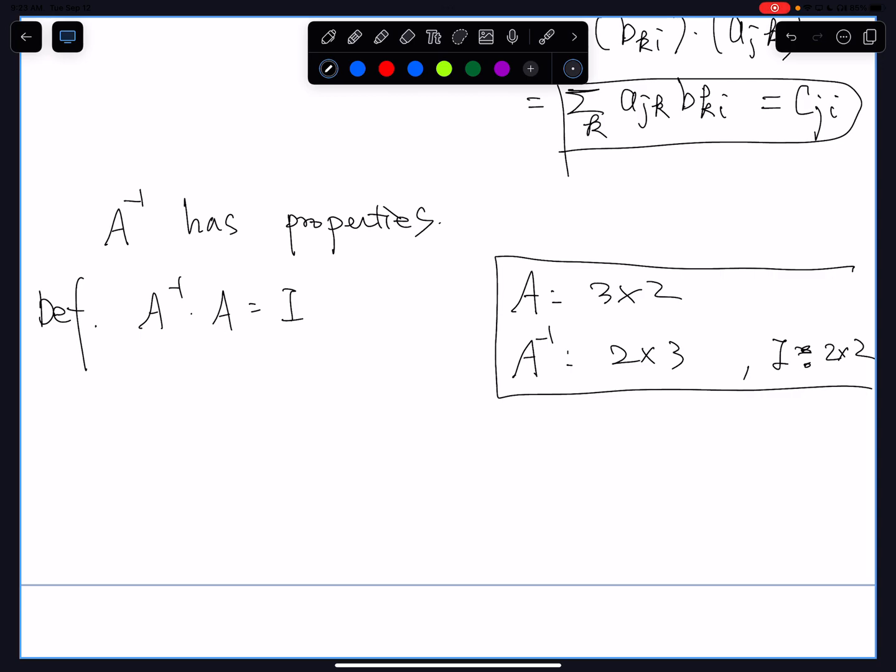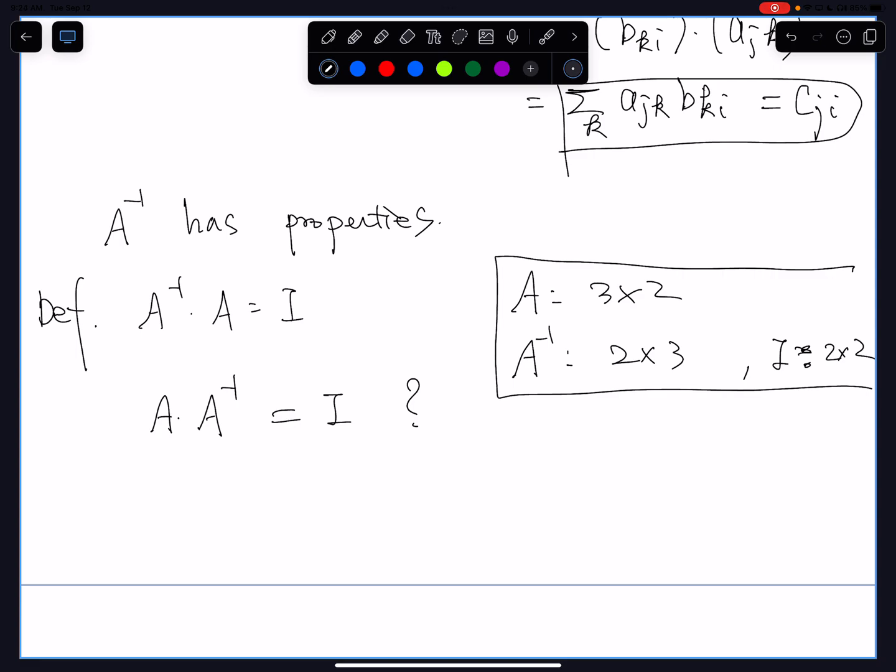So what's the next thing we need to show? We want to find the answer whether this is the case or not, right? So is the left-hand side inverse the same as the right-hand side inverse or not? In real numbers, we don't have to worry about that, right? The multiplication in real numbers is commutative. The order doesn't matter.